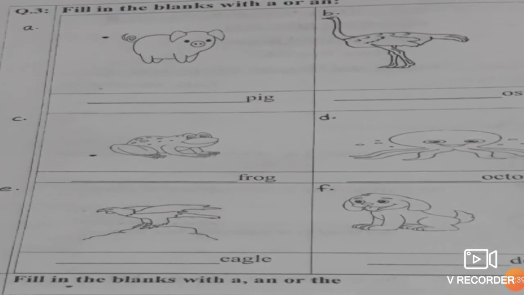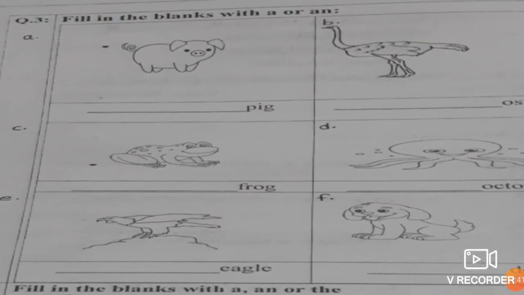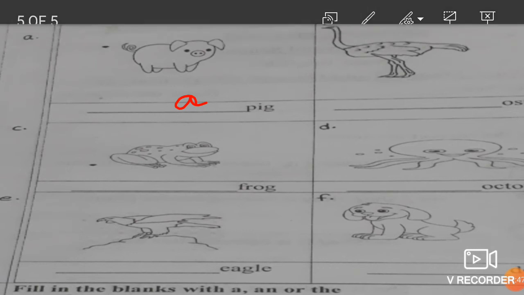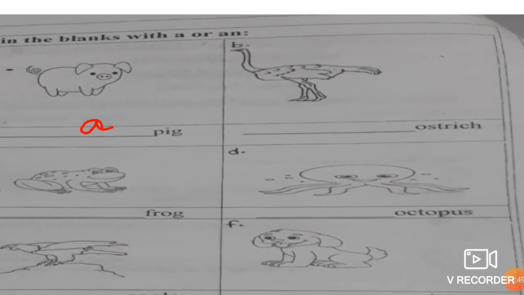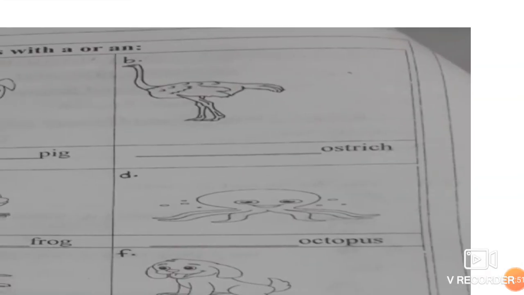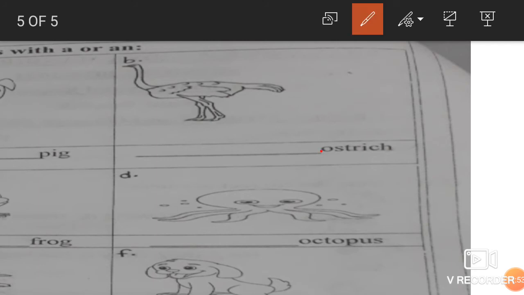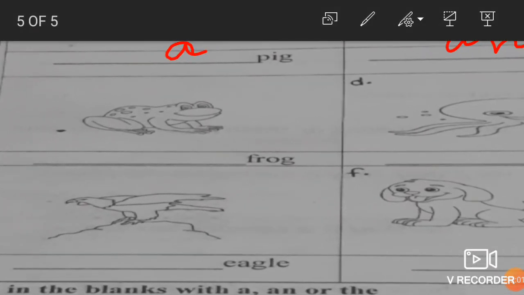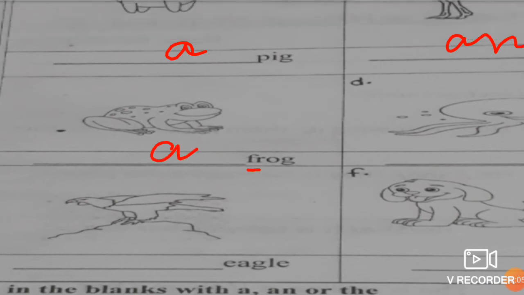Just a, an and the to be put. Dash pig. P is a consonant. So we'll write a pig. Now here it is an ostrich. What is the word? Ostrich, beginning with O, a vowel. An ostrich. Here frog. F is a consonant, beta. So a frog.